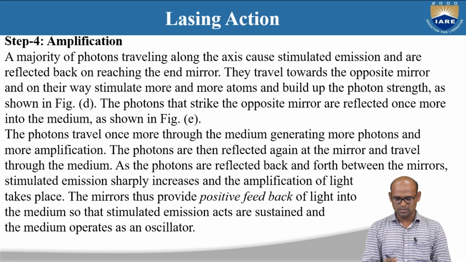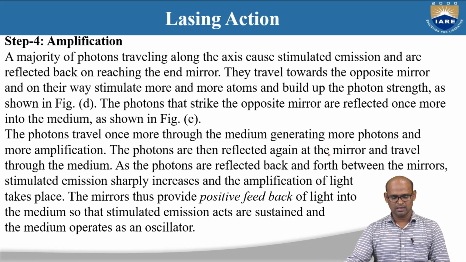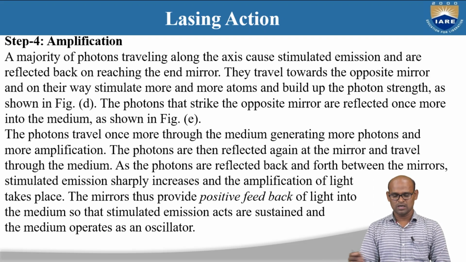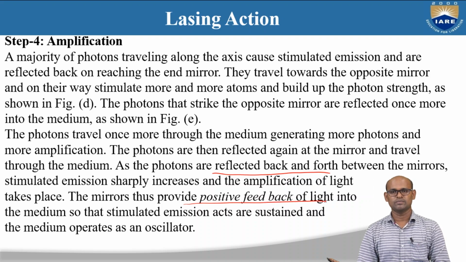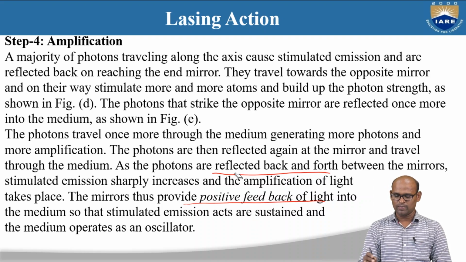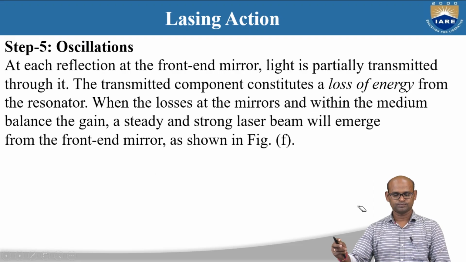The photons are then reflected again at the mirror and travel through the medium. As the photons are reflected back and forth between the mirrors, stimulated emission sharply increases and amplification of light takes place. The mirrors thus provide positive feedback of light into the medium, so that stimulated emission is sustained and the medium operates as an oscillator.